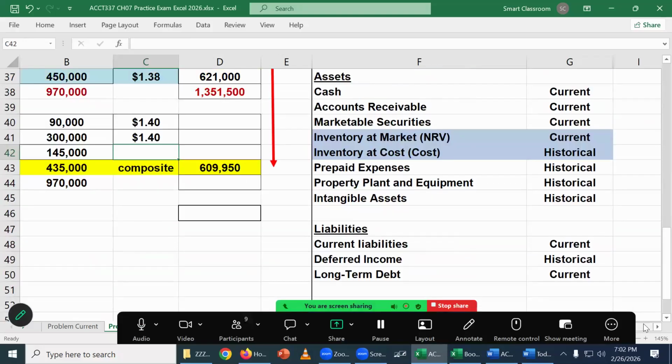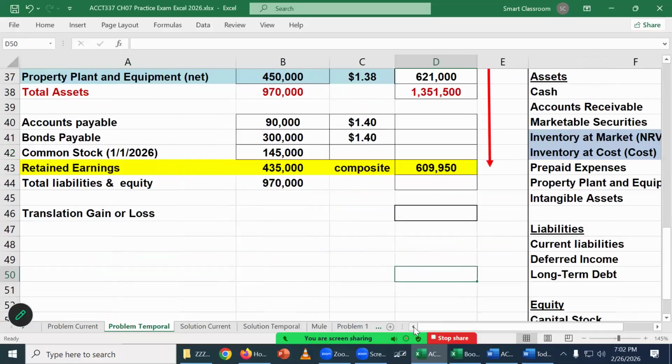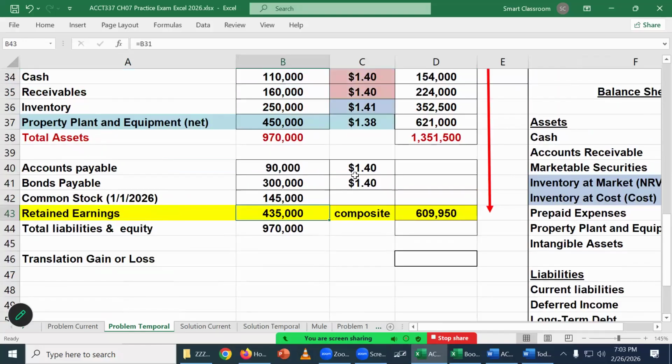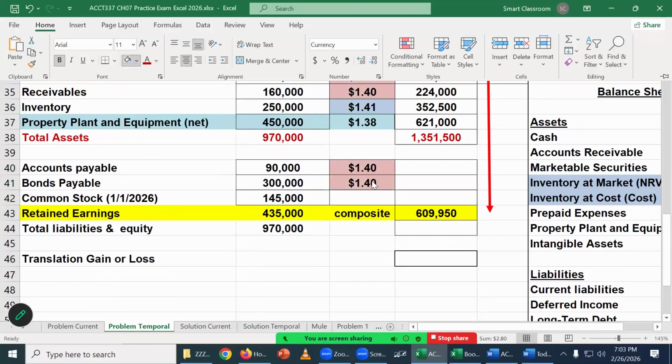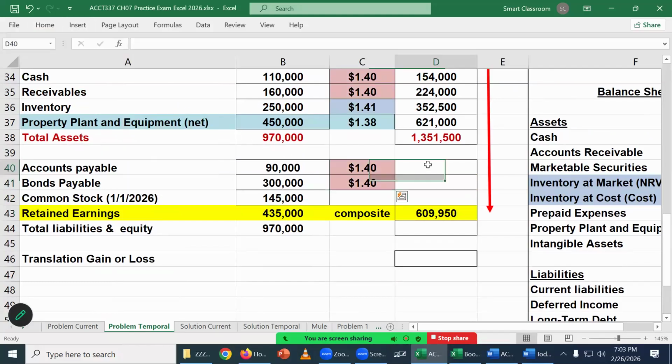So common stock will be this. Common stock will be the same as we did last time.